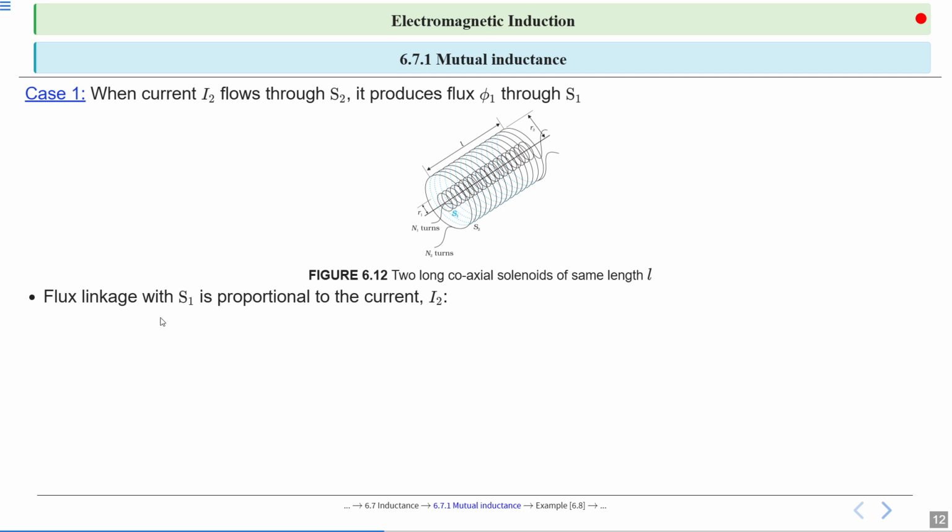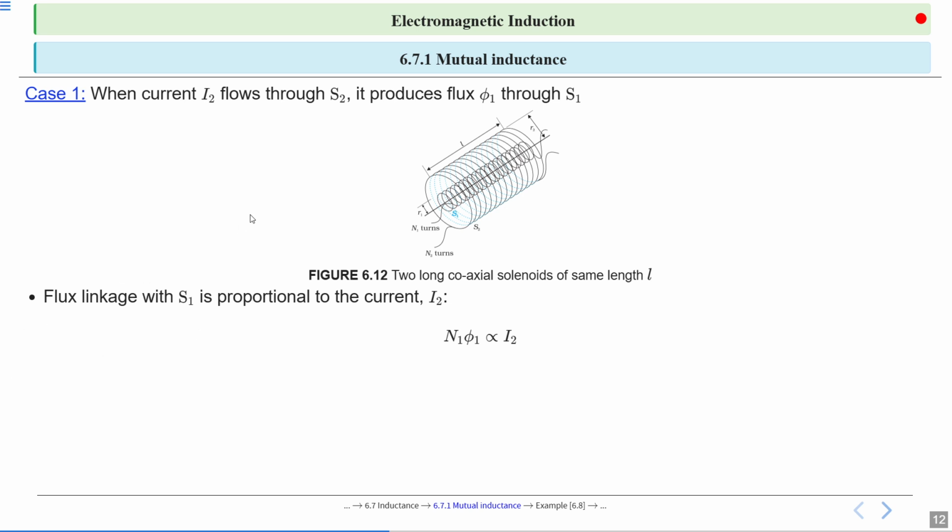So flux linkage with S1 is proportional to current I2. Why is flux linked with S1 proportional to I2? Because the flux through S1 is due to the current flowing through the S2 coil. Current is only flowing through the S2 coil.